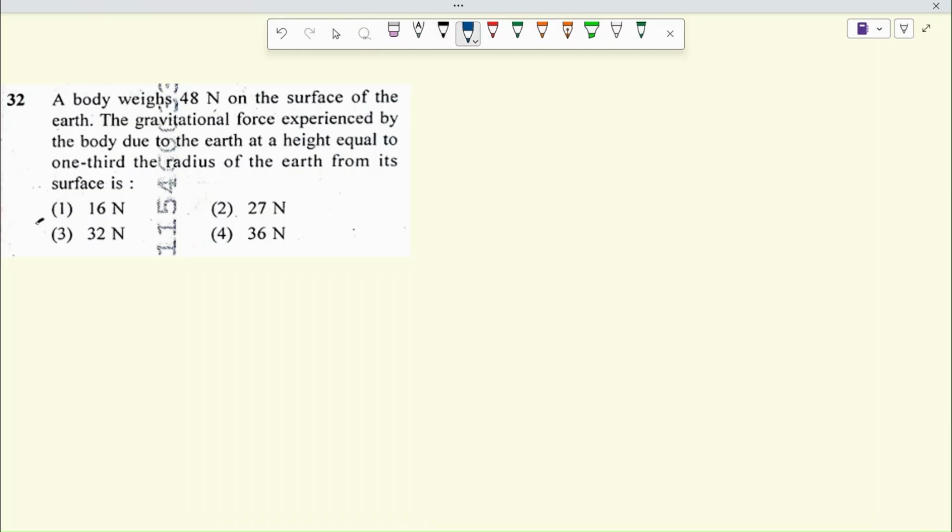32. Body weighs 48 Newton on the surface. Gravitational force experienced by the body due to Earth, that means the weight, at a height equal to one third of the radius. So h equal to r by 3. We know that g at a given height is equal to the surface value into 1 plus h by r power minus 2.